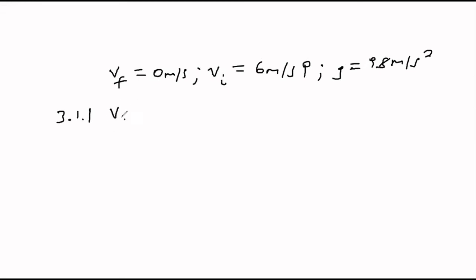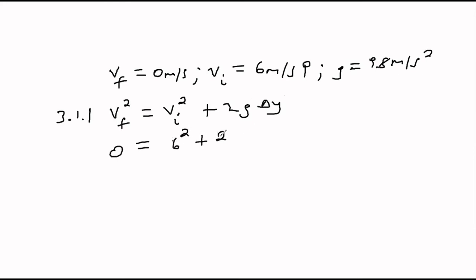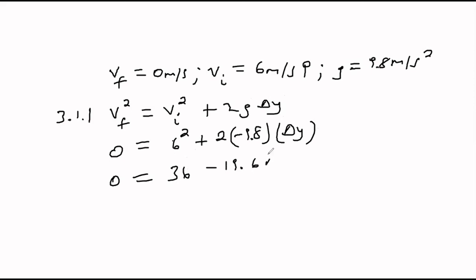So we can use this formula: V final squared equals V initial squared plus 2 g delta Y. Let's substitute. V final is 0, V initial is 6, squared. We take up as positive, then down is negative, times delta y. So we have 0, 6 squared is 36, 2 times negative 9.8 is negative 19.6 delta y.